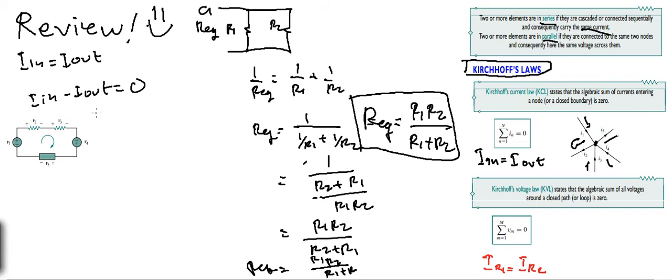ang nangyari dito, class, is ginawa natin na V1 minus V2 minus V3, and also we have plus V4 load siya minus V5 is equal to 0. Ito yung ginagamit natin doon sa Physics 41 natin.